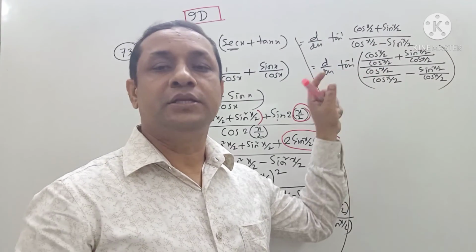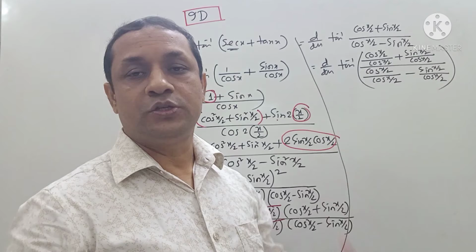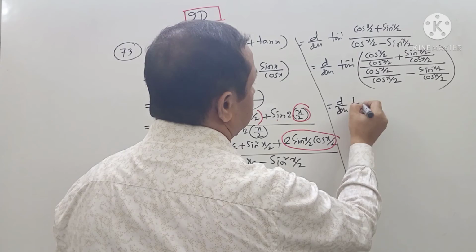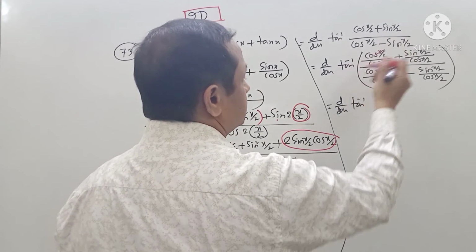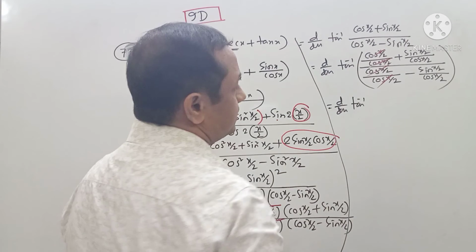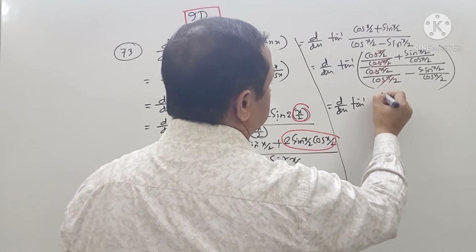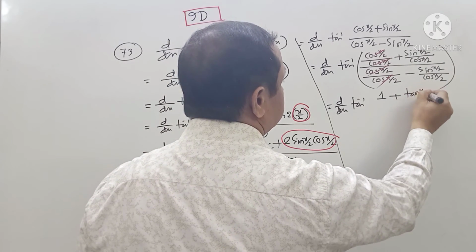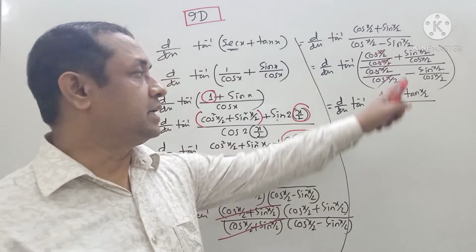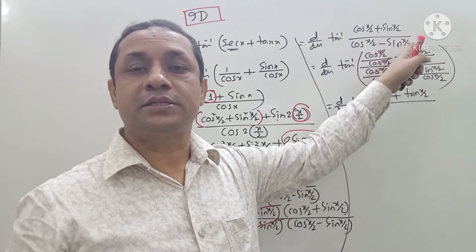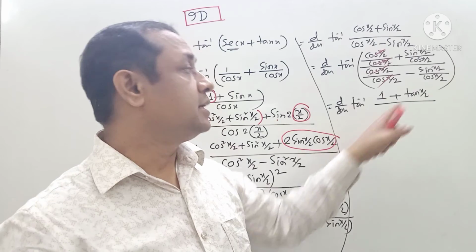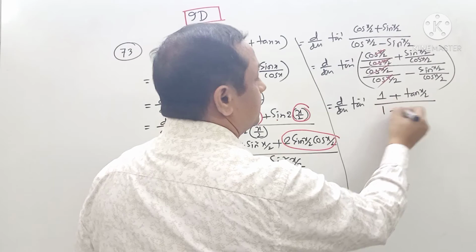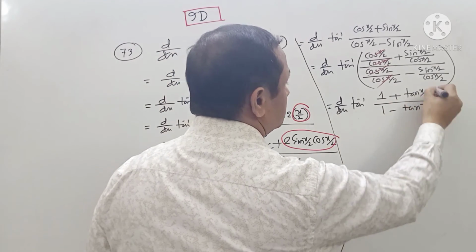Dividing numerator and denominator by cos x/2, then we have d/dx of tan inverse. Here cos x/2 and cos x/2 cancel. So the numerator will be 1 plus sin by cos, which means tan x/2, and we know that sin x by cos x equals tan x. Here x is x/2, and the new denominator will be 1 minus tan x/2.